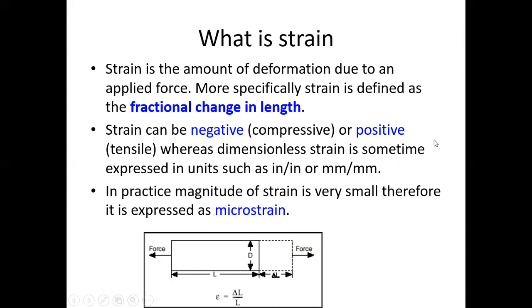Means the strain on any object can be negative or positive. If the strain is negative, then we can say that this is compressive. If the strain is positive, then we can say that it is tensile.